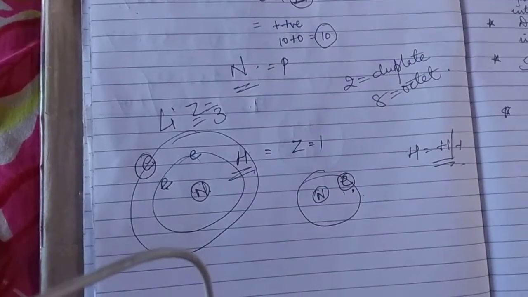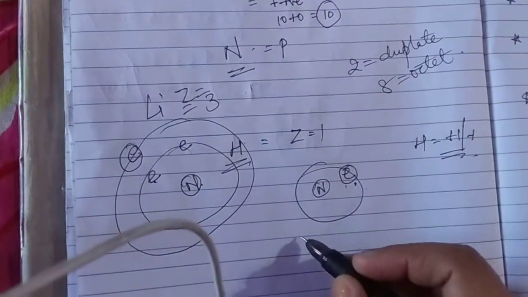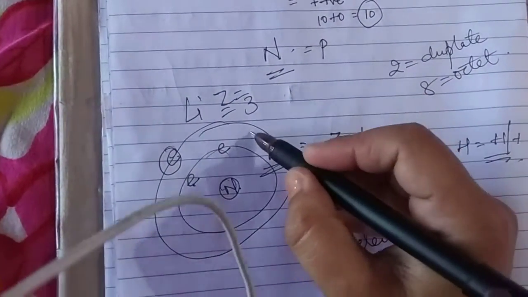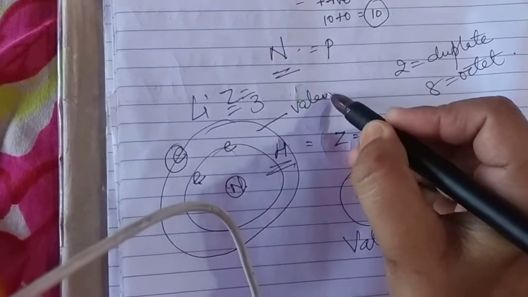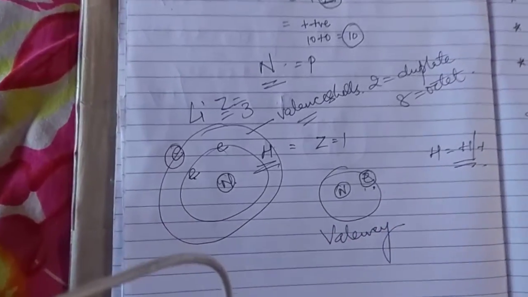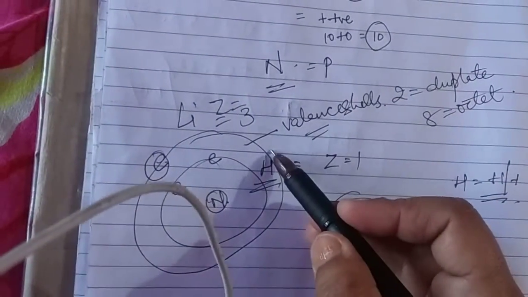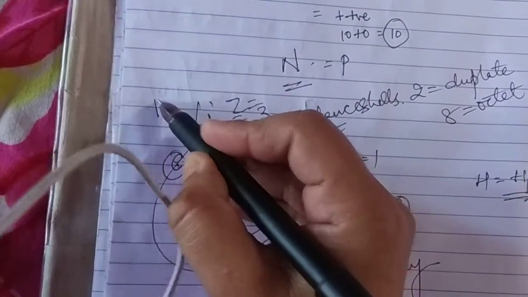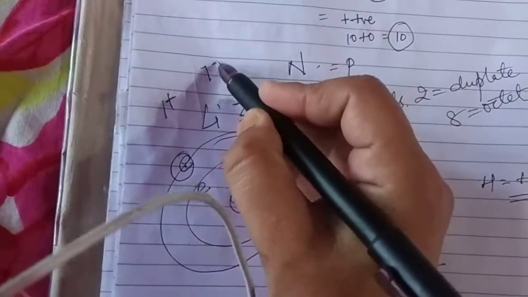Minimum gain or loss of electrons is called valency. It means the outermost shell acts as the valence shell, from where we take electrons either in or out. This valence shell has 1 electron, so it is easy to remove this 1 electron instead of taking 7 electrons.